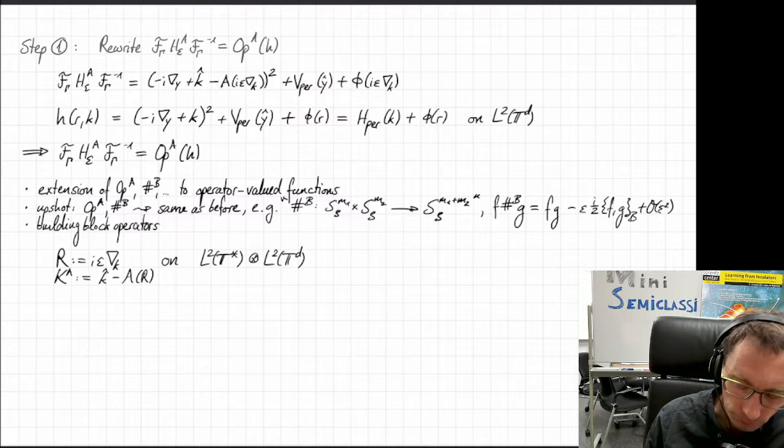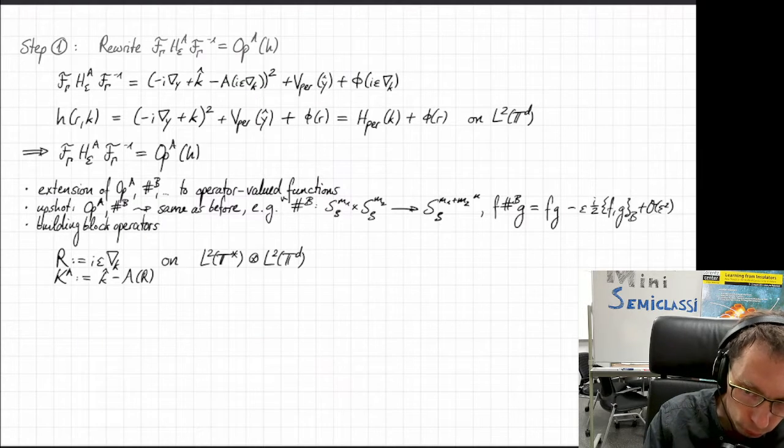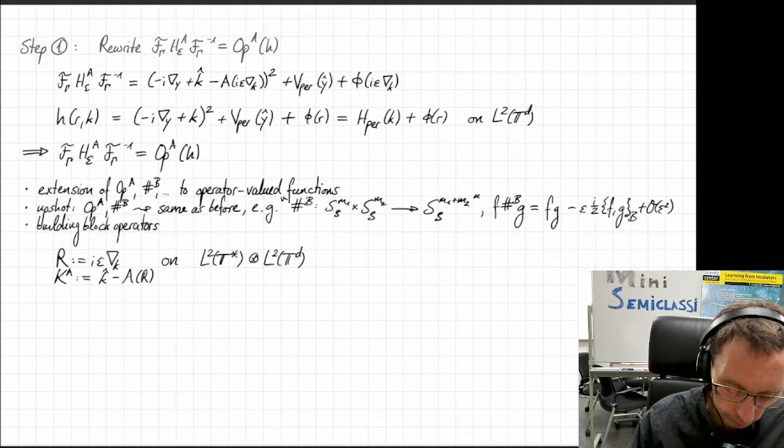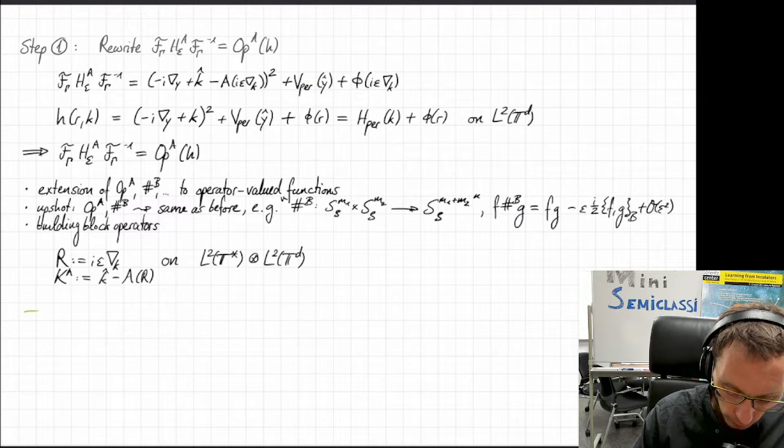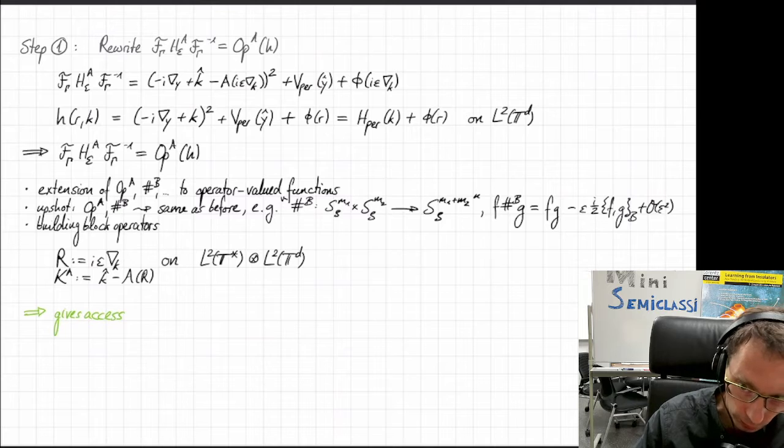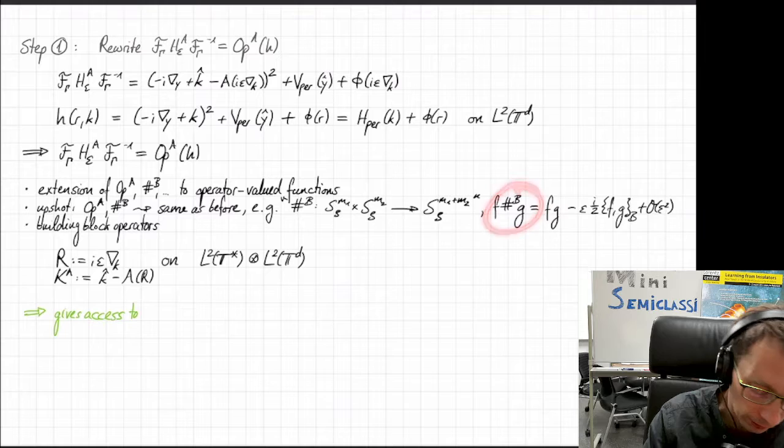And so we have accomplished the first point. What this gives us is, for example, access to rigorous expansions of the operator product using, of course, the magnetic Weyl product.